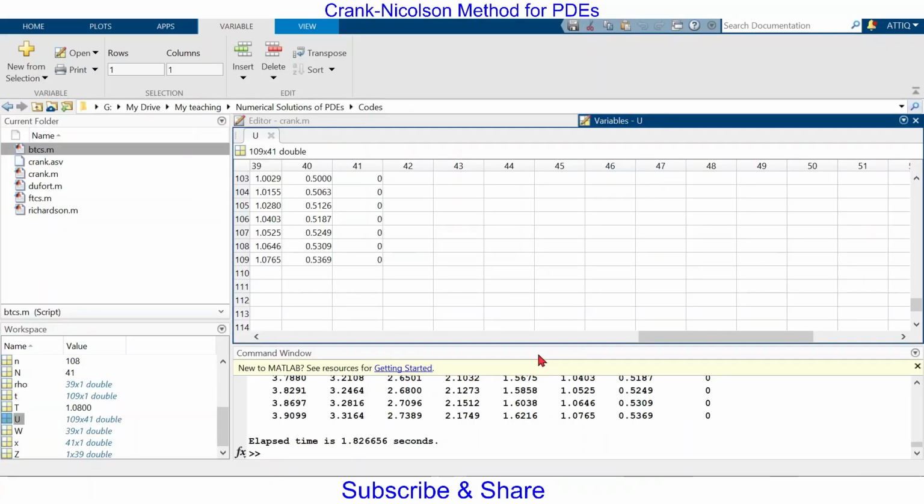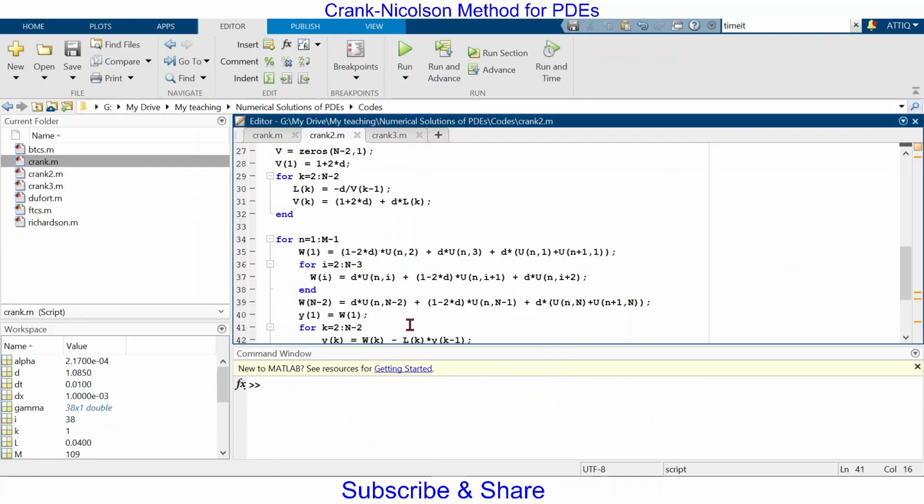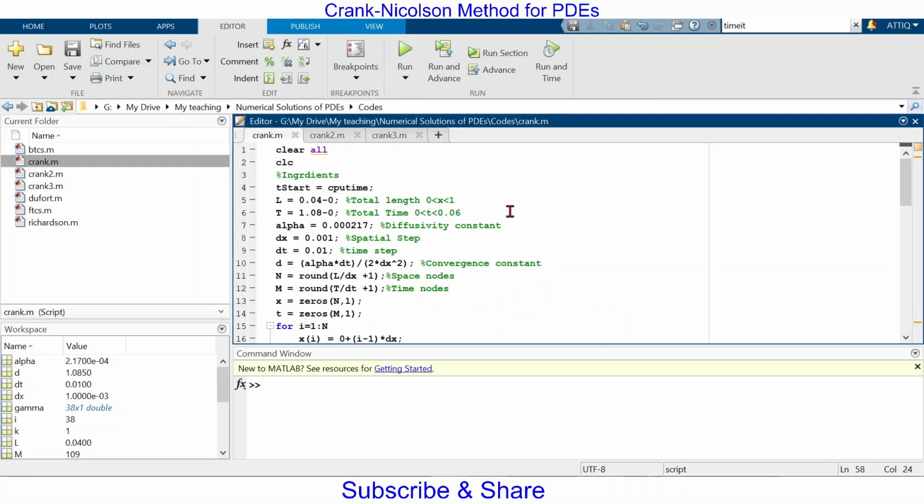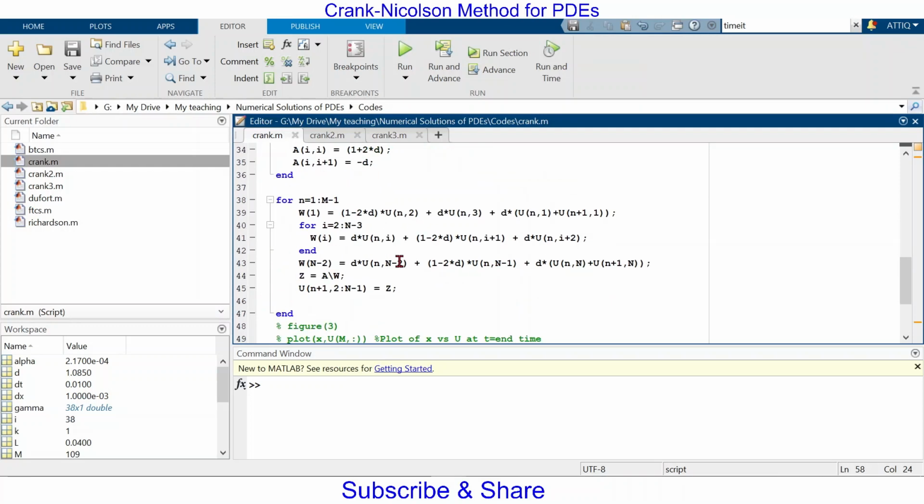Now let's say we want to compute the computational time of all three methods that we used. The first one is MATLAB built-in command, then LU decomposition, then Thomas algorithm. I saved this code independently for the example that we solved in the Hoffmann book, and let's run this code.